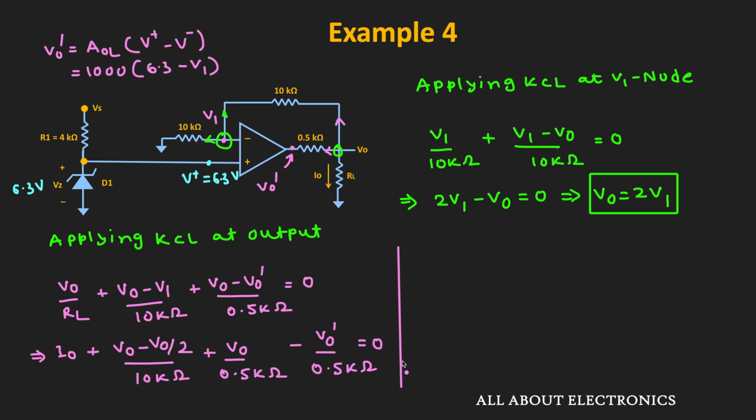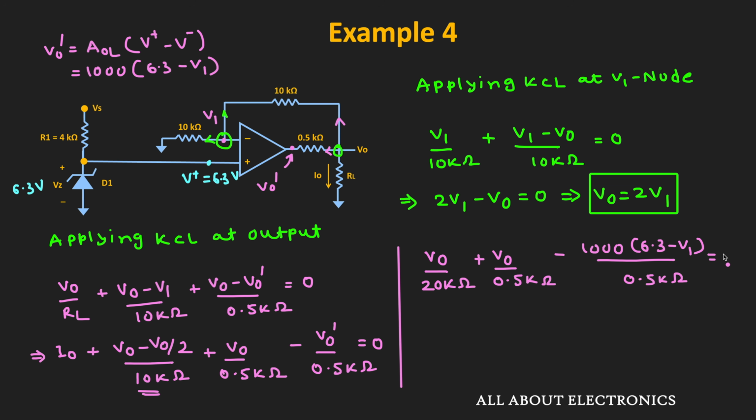Further we can write it as V0 divided by 20 kilo ohm, that is this term, plus V0 divided by 0.5 kilo ohm minus 1000 times 6.3 minus V1 divided by 0.5 kilo ohm is equal to minus I0.